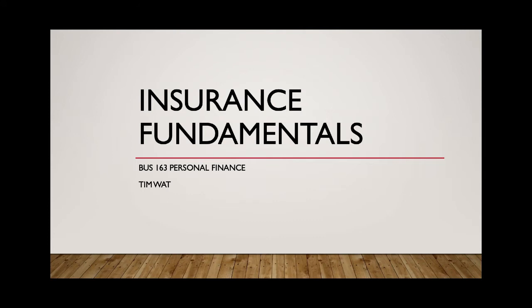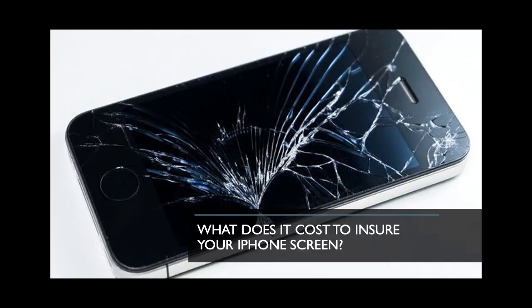The basic principles are sort of the same. So let's get into this by first considering something that I think most of us are familiar with, or at least the risk of, and that is, what does it cost to insure your iPhone screen?